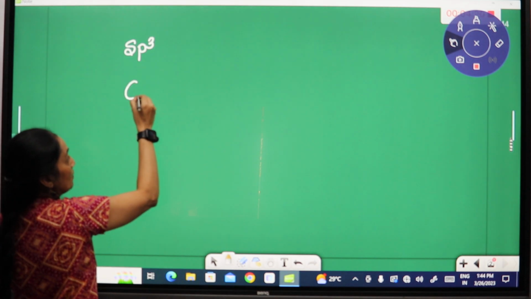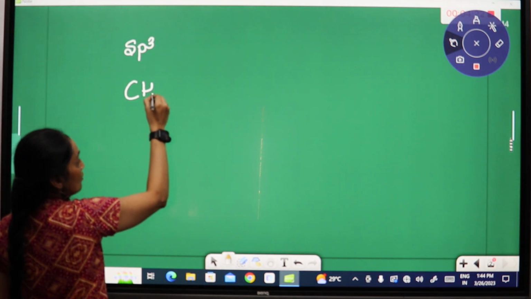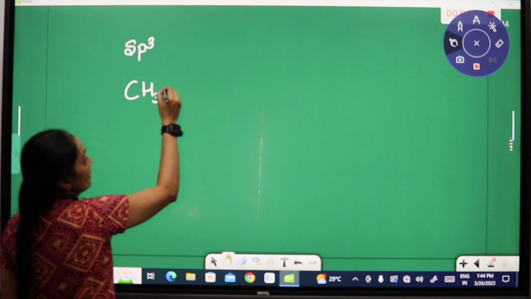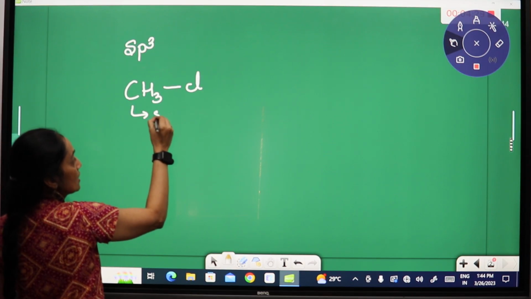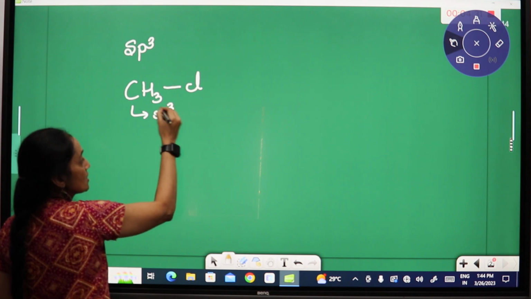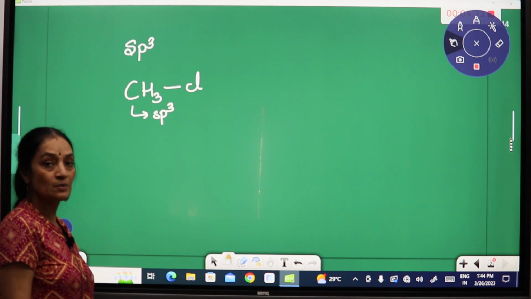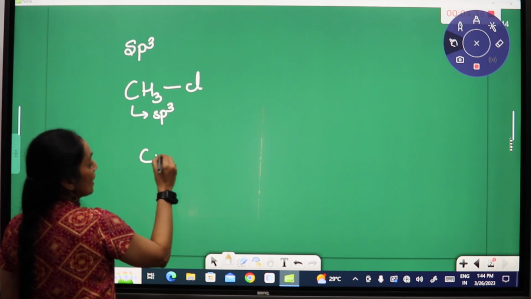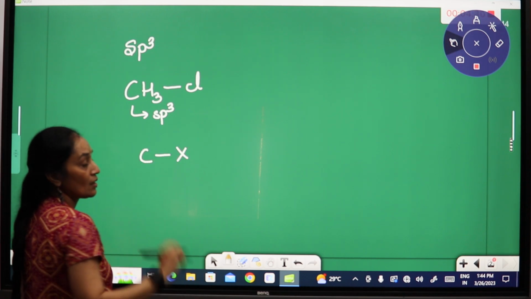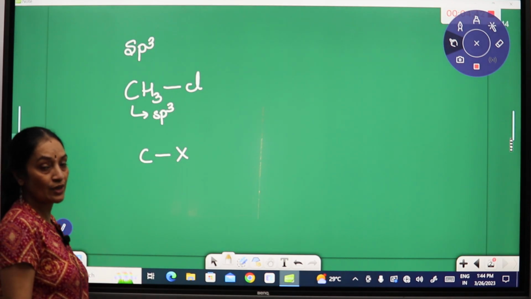Now, a carbon which has 3 hydrogen, and then here we will have a halogen. This carbon is sp3 hybridized. The carbon which carries a halogen, the carbon to which a halogen is bonded.